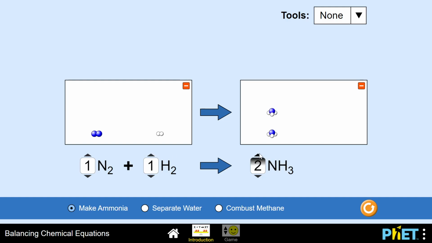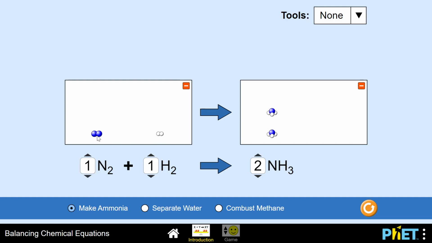So I'm going to bump this up to, oops, now we have 6 white. Do you see that once I increase that, we're at 6 white and 2 blue? I increased the product to 2, and now on this side we have 2 blue and 6 white. Well, those are both even numbers, so we can work with that.